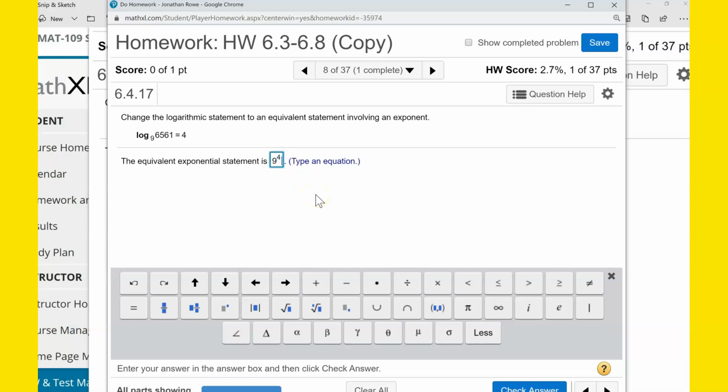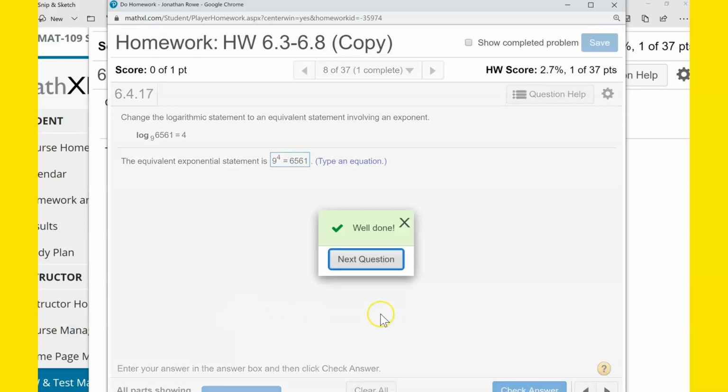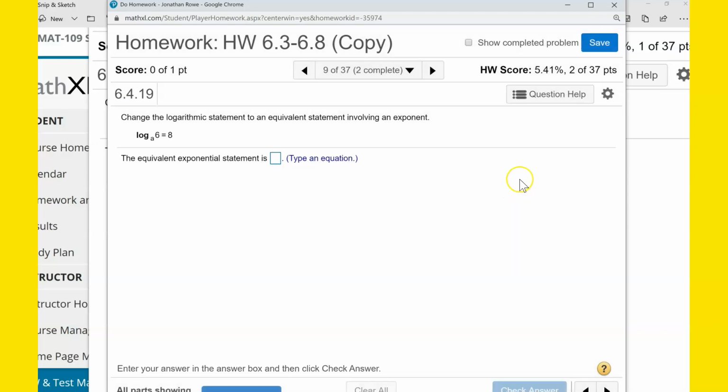So 9 to the 4th equals 65/61. But another way you could do that is you could type 9 and then the superscript button is right here. So you can do that, and that is another way to get that done. And that is well done.